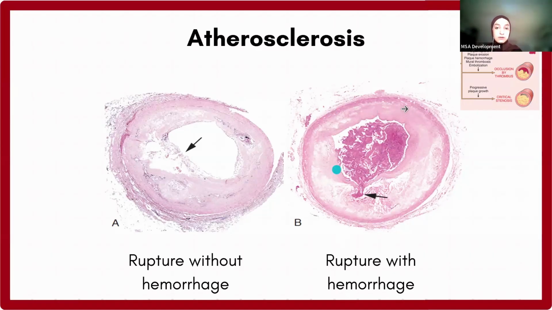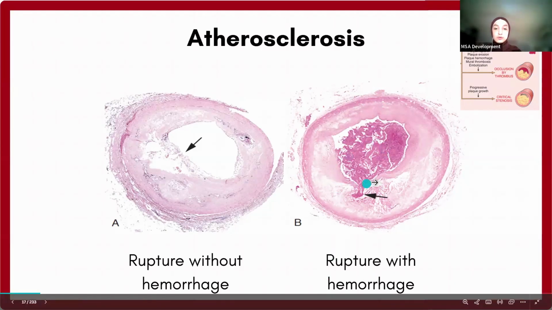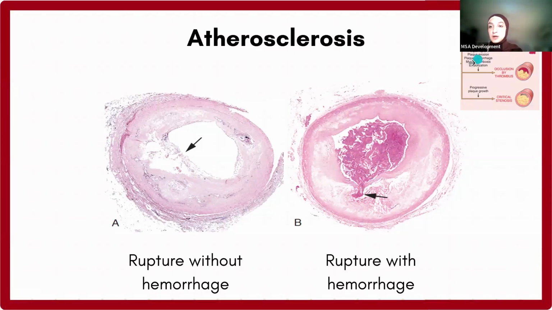This can be due to rupture with hemorrhage due to the vulnerability of the fibrous cap, or critical stenosis of the vessel, okay? Critical stenosis of the vessel occurs due to the fact that the plaque formation would be very, very thick and big, okay? So the lumen, as it says, progressive plaque growth. The lumen of the vessel will be very, very narrowed, it's critical stenosis, okay?